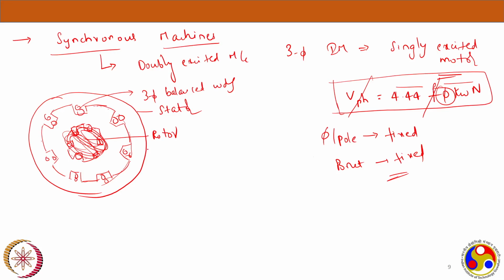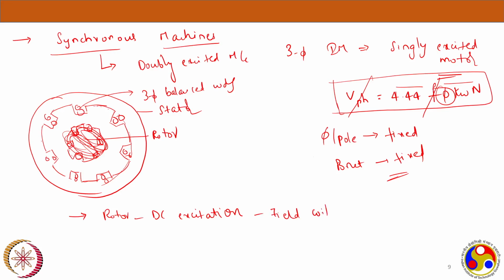Now for this rotor, since it's a doubly excited machine, we will give a DC excitation. Whatever coil is present on the rotor, we call it a field coil.